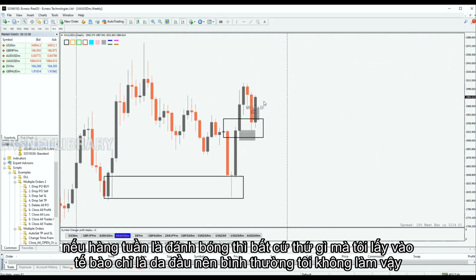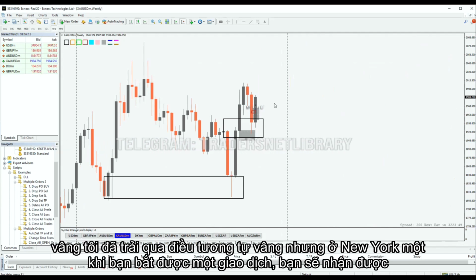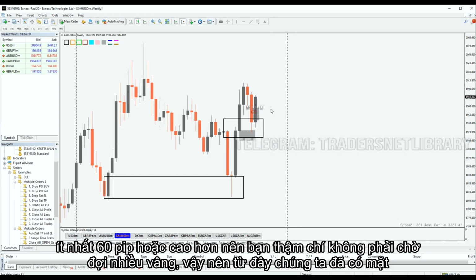I normally don't trade scalps during London because London has a lot of chopping market. I've been experiencing the same thing lately. But in New York, once you catch a trade, you'll get at least 60 pips or above, so you don't even have to wait a lot.